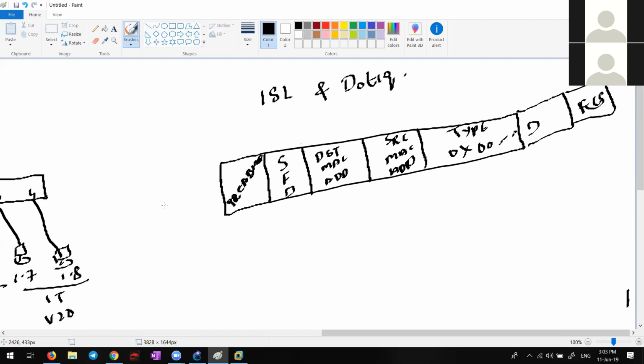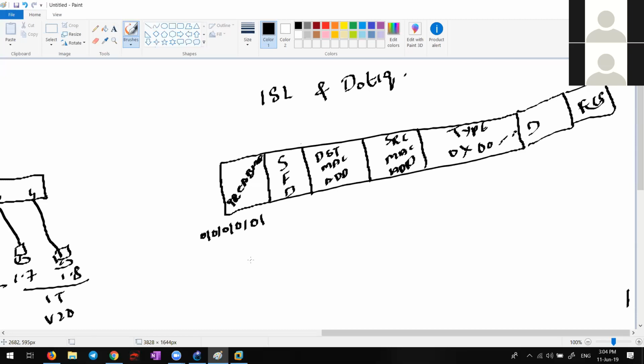There will be simply 010101. The preamble will be 0101010101, like that it will go on. This is the way to synchronize with the other side.